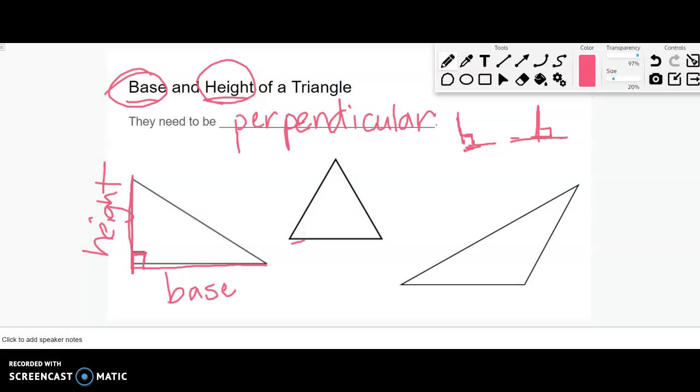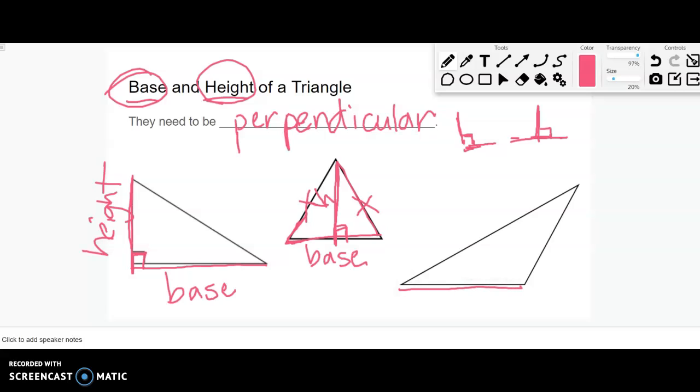However, if I say that this is the base of this triangle, there's no side that forms a right angle. This doesn't form a right angle right here. This one doesn't form a right angle. So I have to just imagine the height, and the height would actually go straight up the middle. Okay, because I could draw a line that forms a right angle that would then be the height.